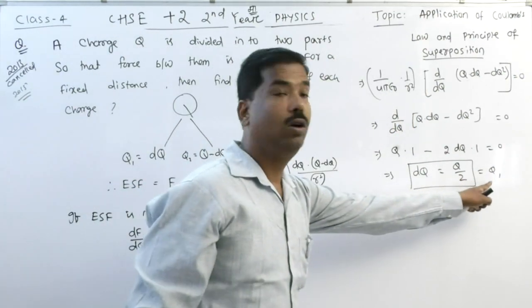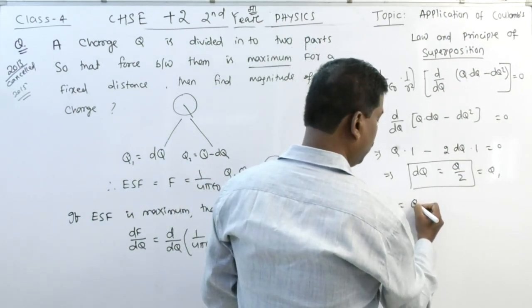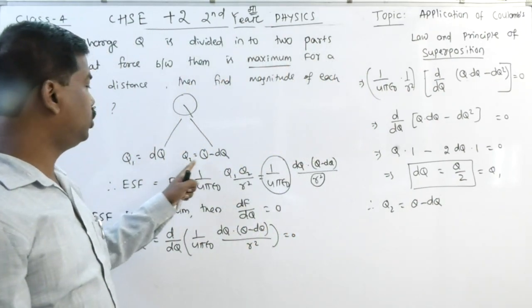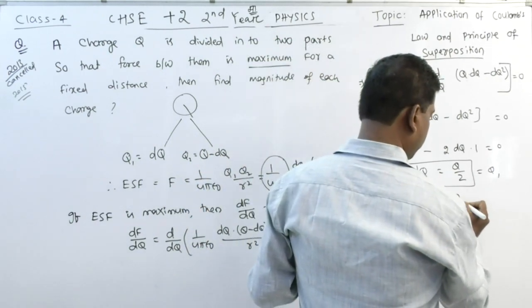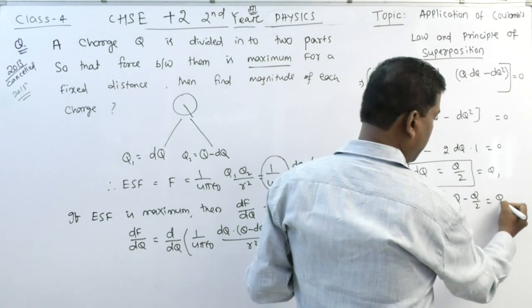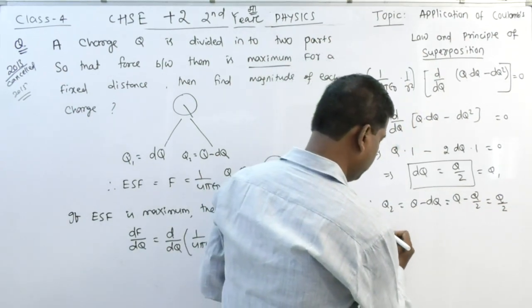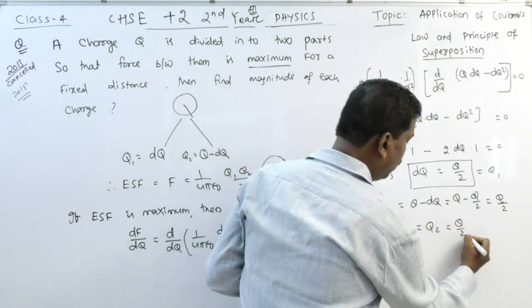This I have taken as q1. Therefore q2 is equal to q minus dq, so q2 is also q by 2. The conclusion is q1 is equal to q2 is equal to q by 2.